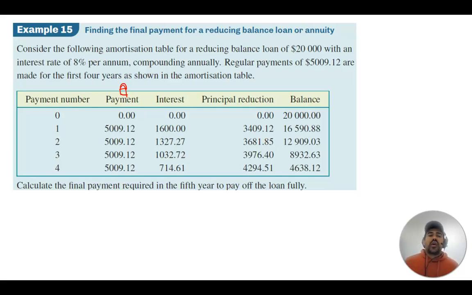Now what this question is requiring us to do is calculate the final payment required in the fifth year to fully pay off this loan. So effectively, on the fifth year, this balance is going to be equal to zero.